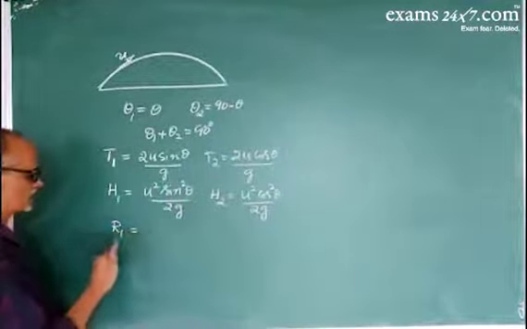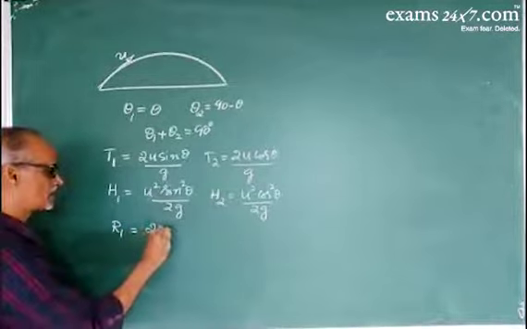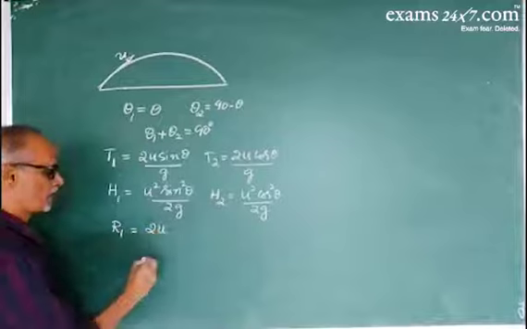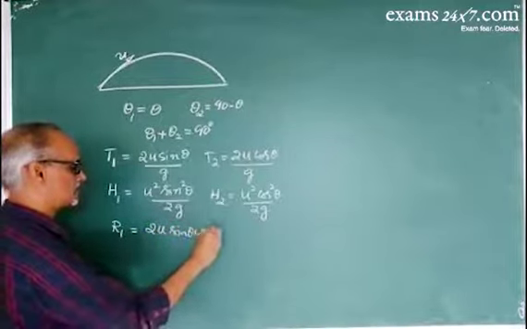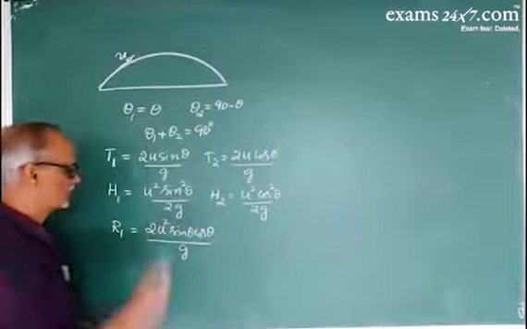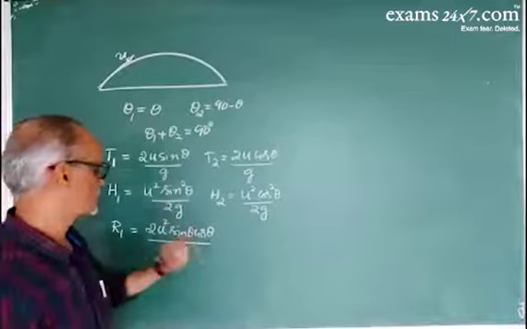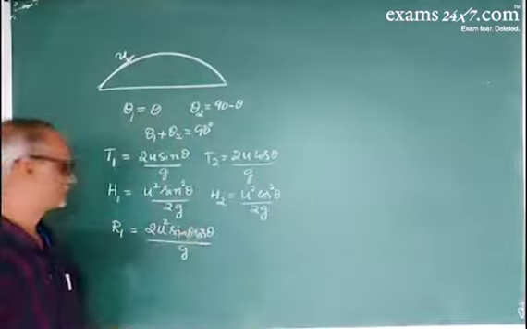The range of the first, R1, is equal to 2u square sine theta cos theta by g, which is the same as u square sine 2 theta by g.